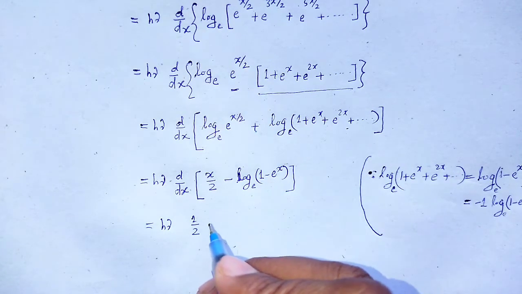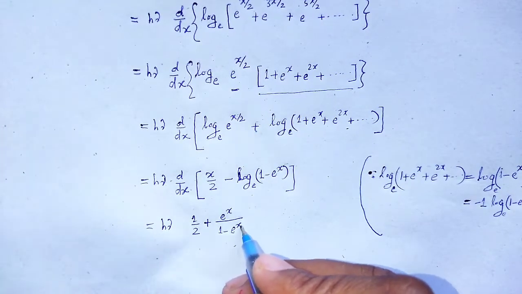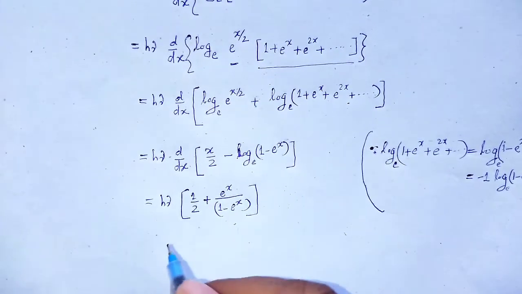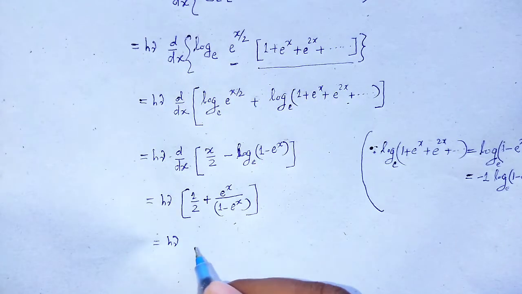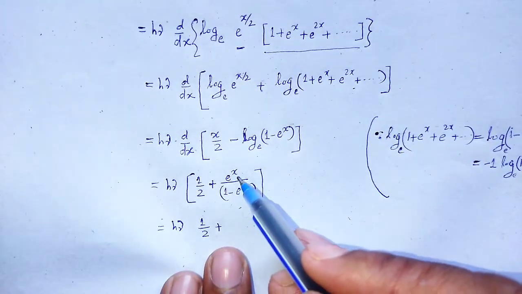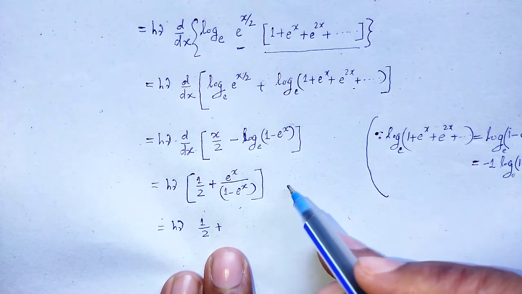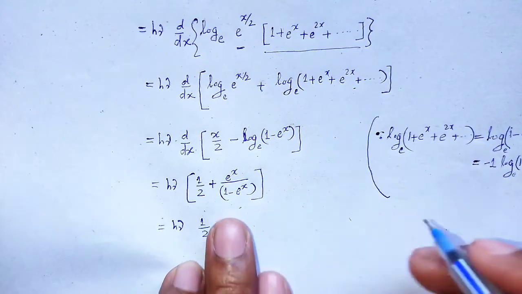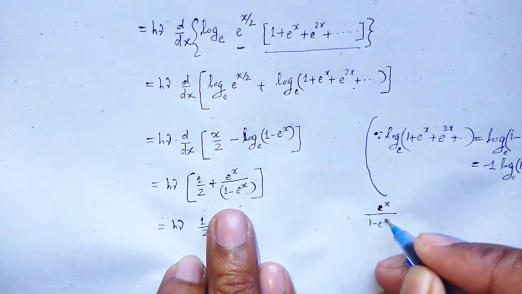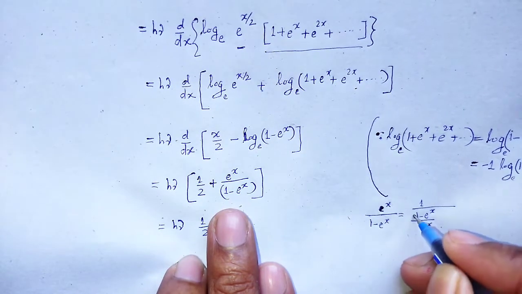So again minus minus plus, plus e to the power x divided by 1 minus e to the power x, the derivative of that log term, is equal to h nu half plus, let me write e to the power x divided by 1 minus e to the power x as 1 divided by 1 minus e to the power x divided by e to the power x.